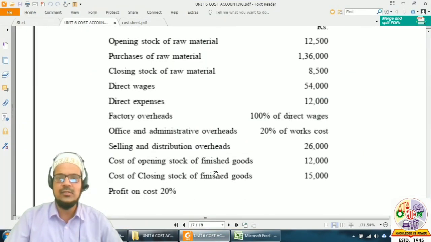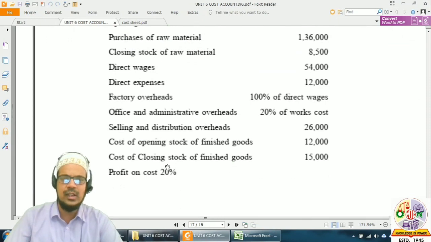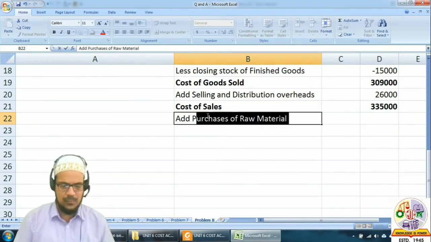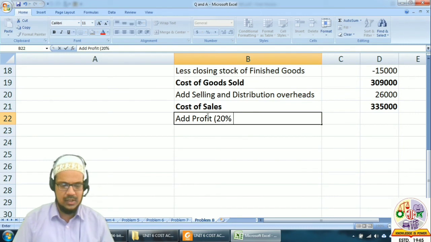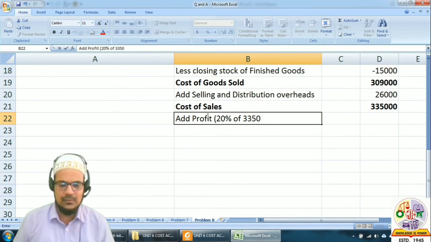Now one more thing is given. We won't be selling our goods at 3,35,000. We need to make certain profit on this total cost. So how much profit we need to make? 20% profit on cost. So we will add profit, which is 20% of cost, means 20% of 3,35,000.